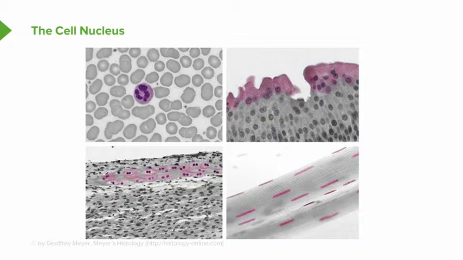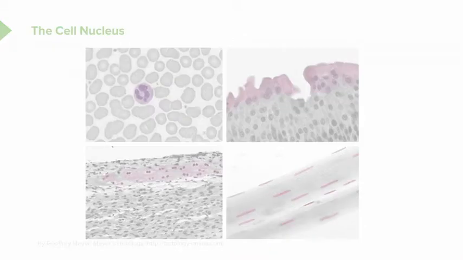Again, they're binucleate. On the bottom right-hand side, you see an image of two skeletal muscle fibres. They're multinucleated. You can see very elongated nuclei running on the periphery of this skeletal muscle cell.